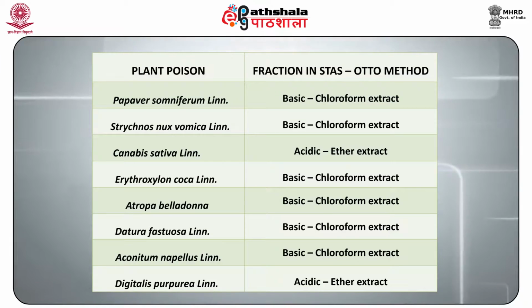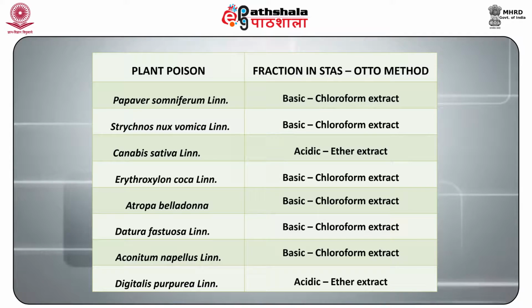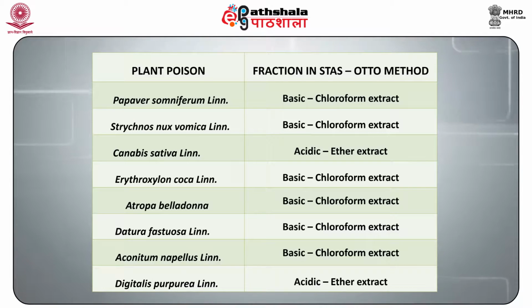Plant materials like root, stem, leaves and seeds, that is the non-biological matrices, are required to be extracted. In this table we have on one column the plant poisons and on the second column the fractions in the Stas Otto method.